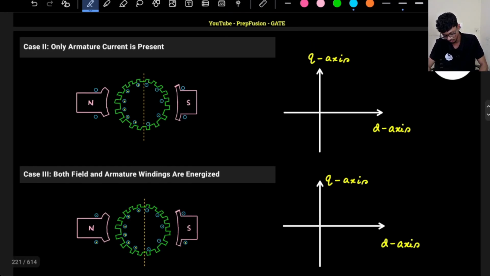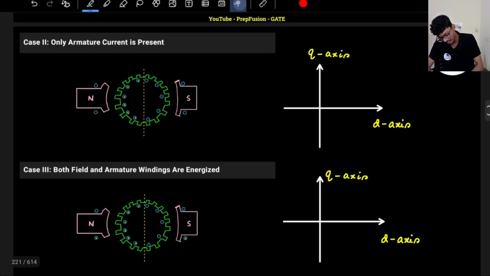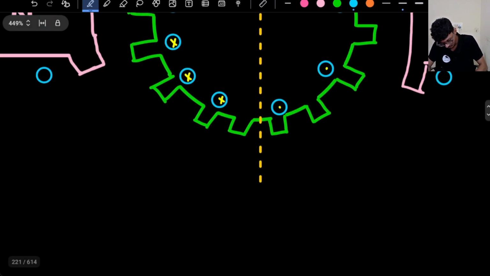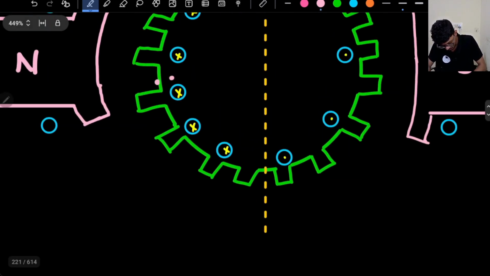Now let's discuss case 2, where only armature current is present. If armature current is present, what will be the direction of the overall flux? That is what we want to know. Again, the direction of the magnetic field will be in this clockwise direction, correct?